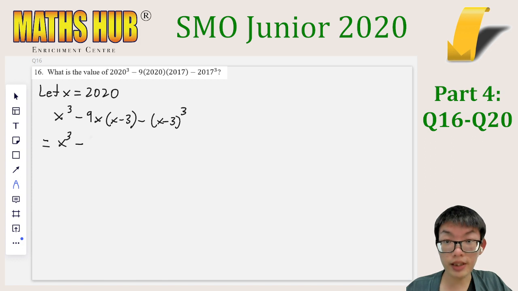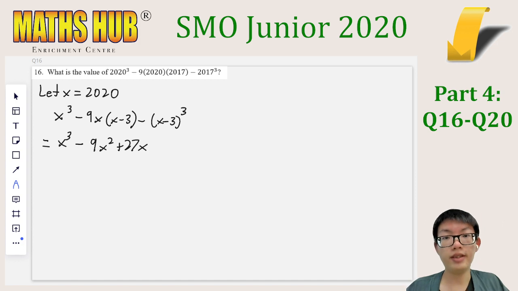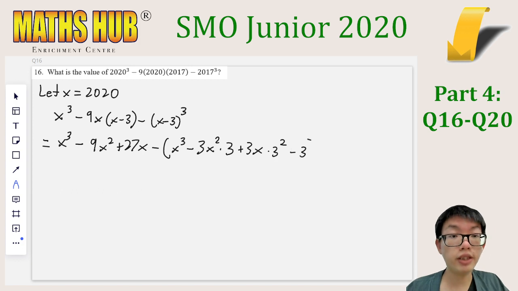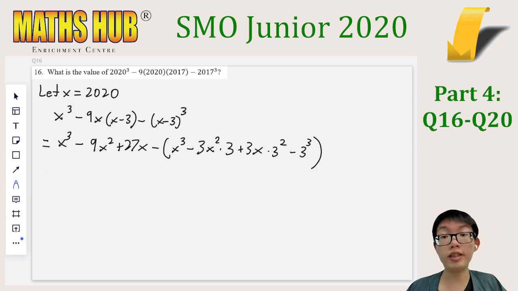So x cubed, and we expand the second term, would be minus 9x squared plus 27x. Now we need to know the expansion of the cube, and this is x cubed minus 3x squared times 3 plus 3x times 3 squared minus 3 cubed. So this is just the usual expansion.